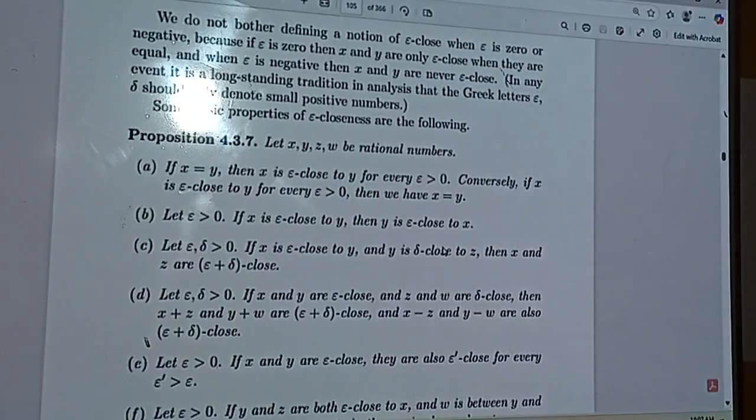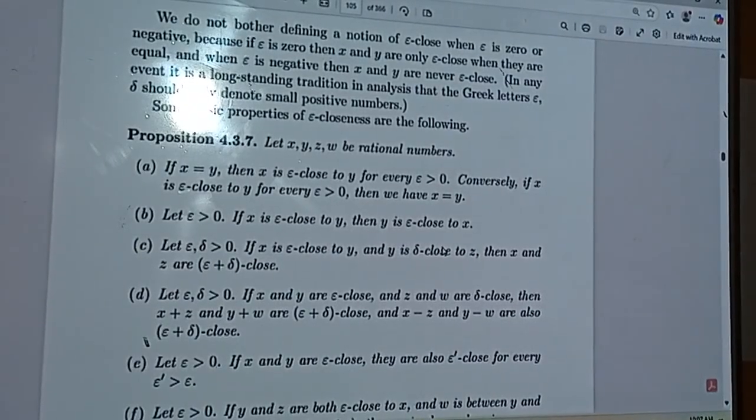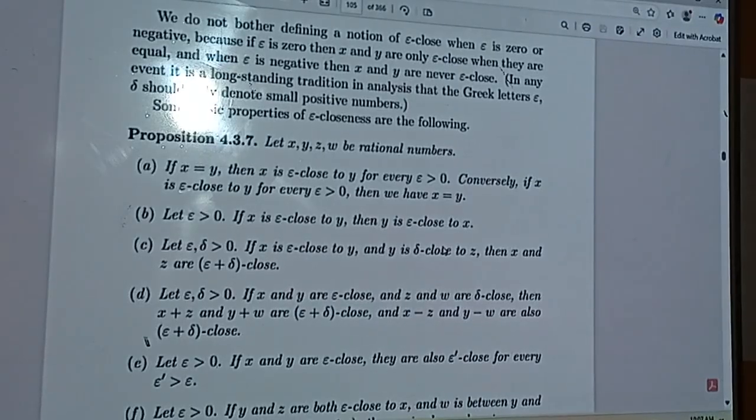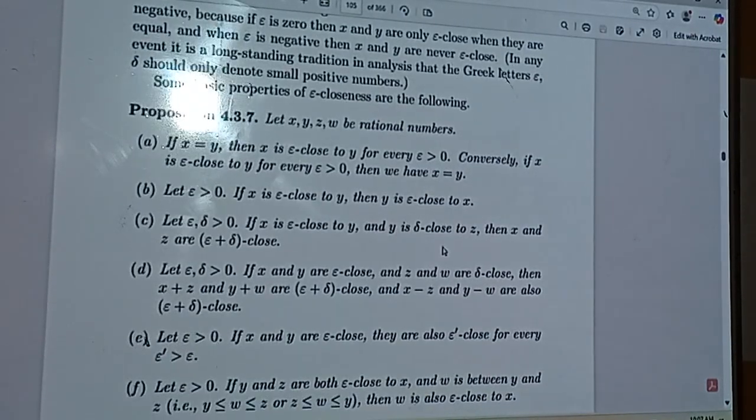When I say obvious, don't agree with me just because I said so. Suppose x and y are epsilon close, that means d(x,y) less than epsilon. Now let epsilon dash be greater than epsilon. Therefore d(x,y) less than epsilon dash. So nothing here. They are mechanical. Many things are like that.